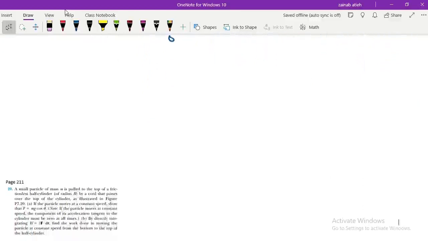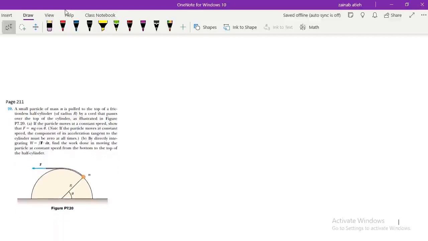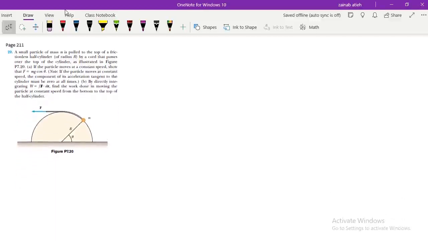Now let's move to problem 20. Problem 20 is on page 211. This problem joins a little bit of previous lessons, or Newton's laws, with this lesson. It says a small particle of mass m is pulled on the top of a frictionless half cylinder of radius r by a cord that passes over the top of the cylinder as illustrated in figure P7.20.